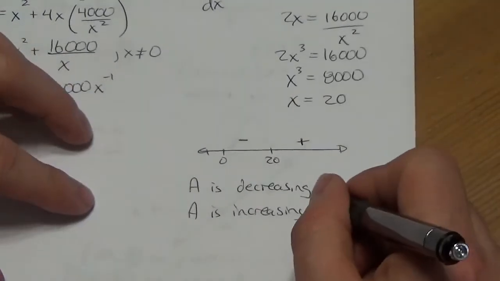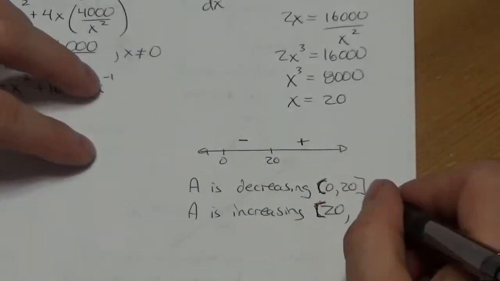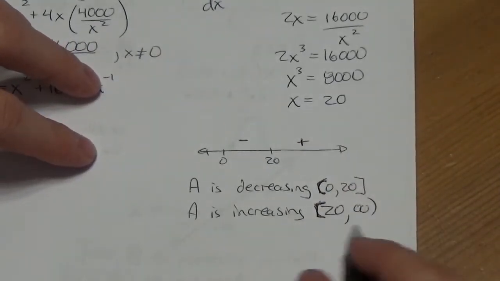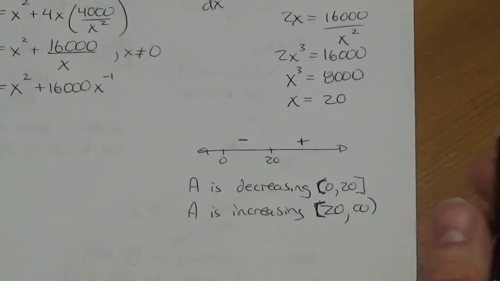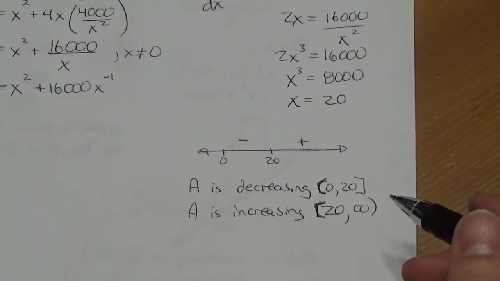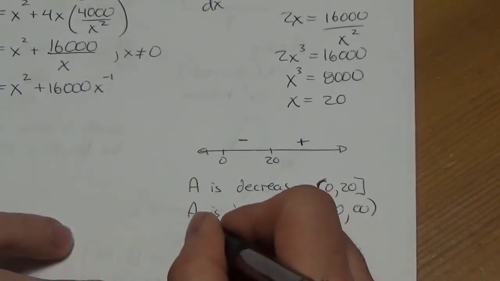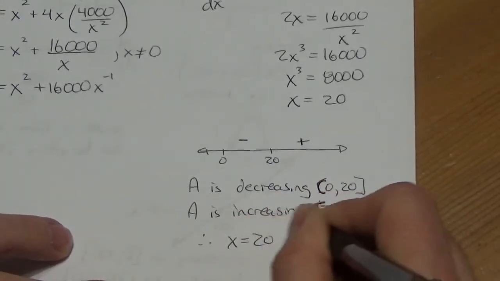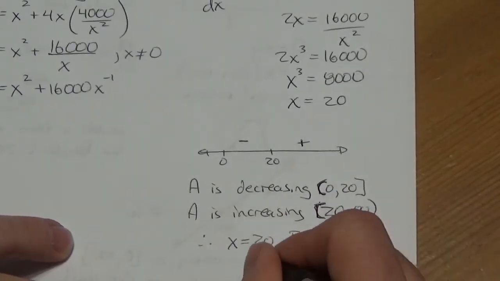Just because right off the top of my head, I'm not motivated to find that, I'll just throw in an infinity there. Just a little cheat, because really all I'm interested in right now is the behavior around the 20. Although there is a natural maximum to what that would be. So I can see this, therefore, when x is equal to 20, I think I said maximum a couple seconds ago, I have a minimum.